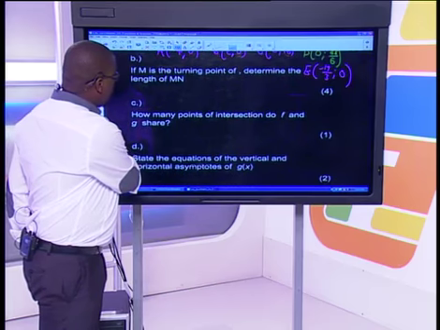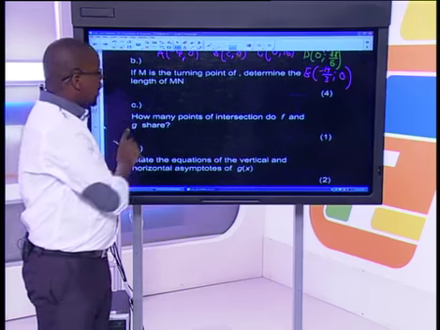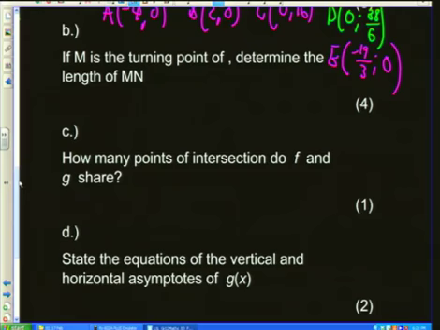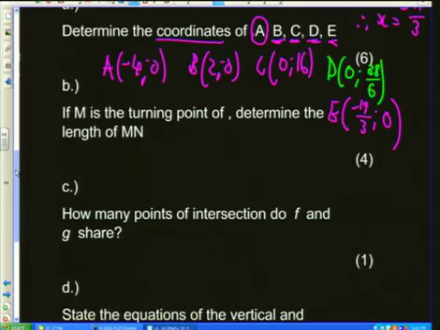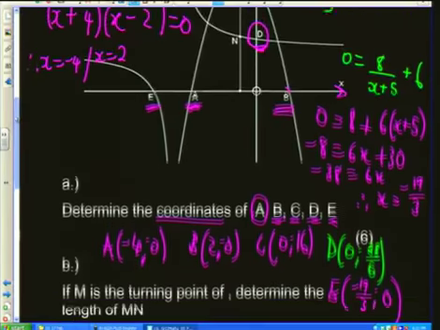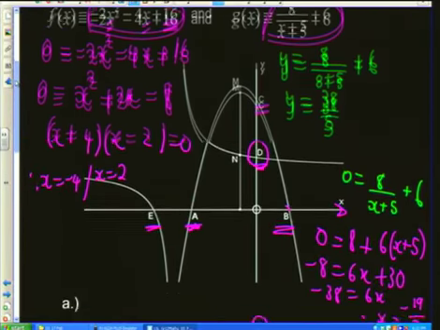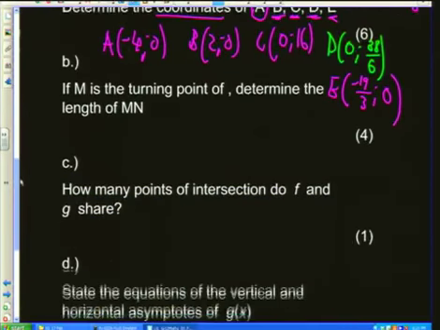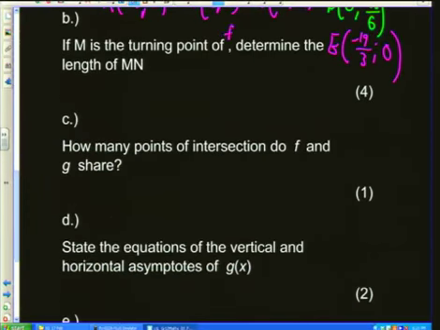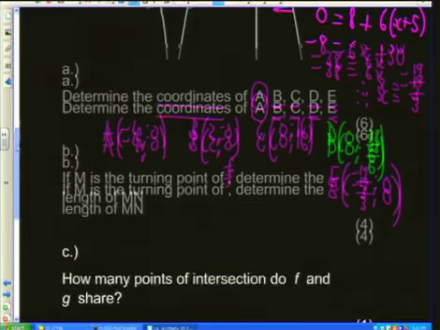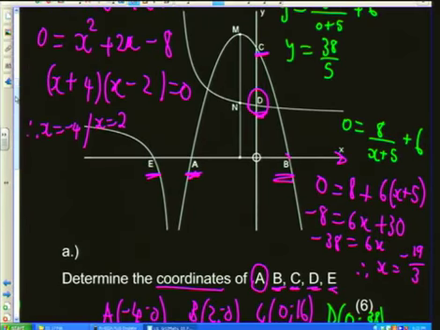Now, next question. It says, if M is the turning point of your f, this is your parabola of f, find the length of MN. So we look at this graph. Where is MN?